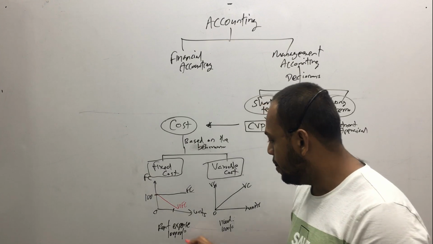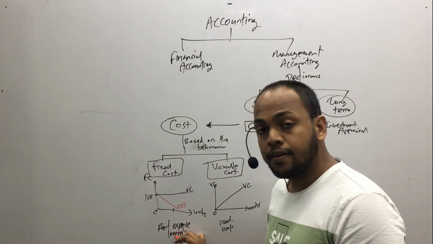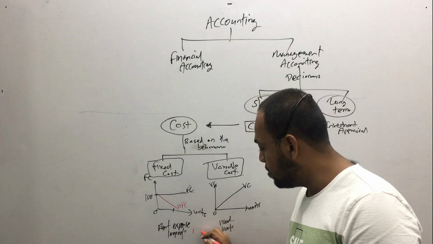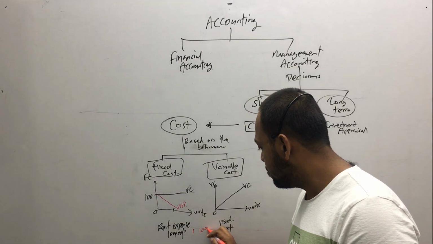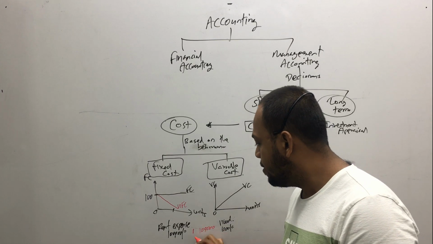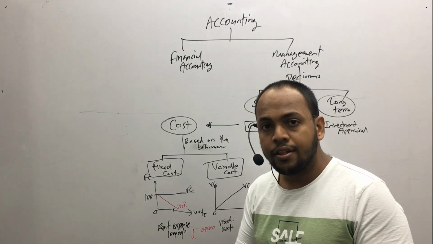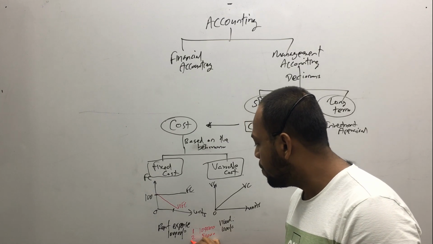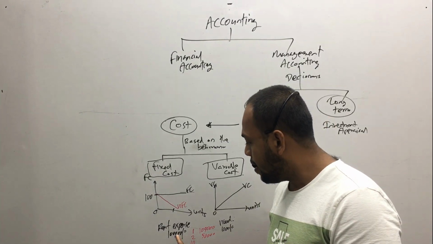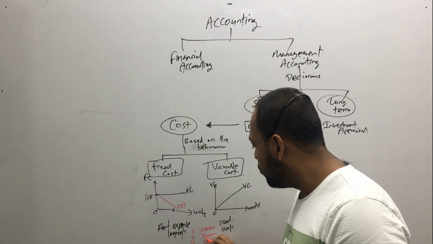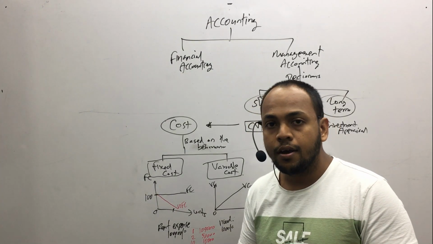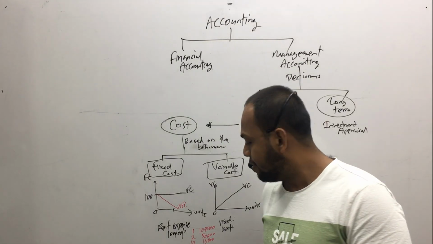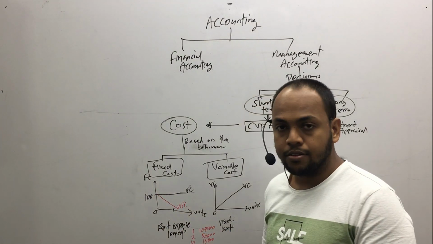For example, rent expense 100,000, 1 unit fixed cost is 100,000. Let's say you are producing 2 units, then the unit fixed cost will be 50,000. If you are producing 10 units, then 100,000 divided by 10, for each unit your fixed cost will be 10,000. So it's decreasing. Curve will be like this.